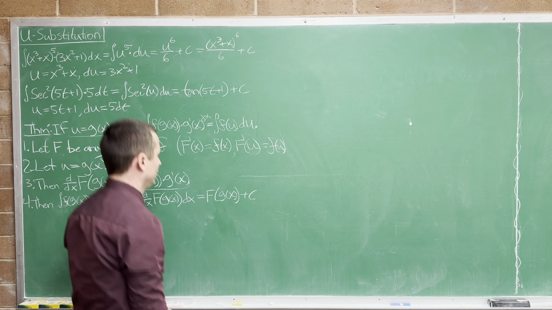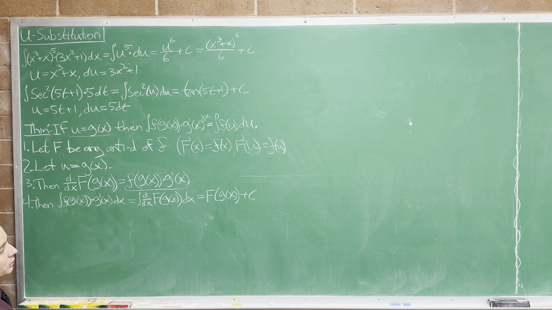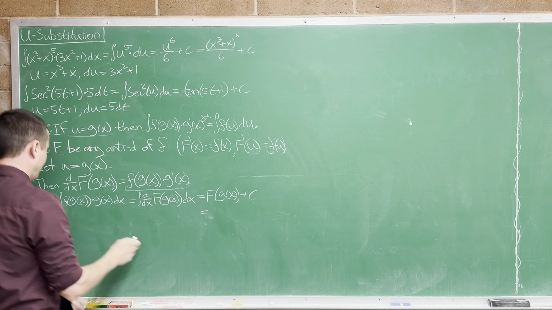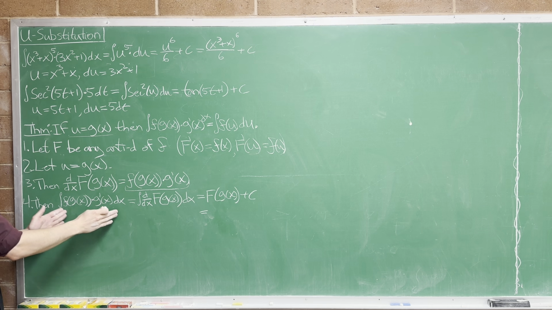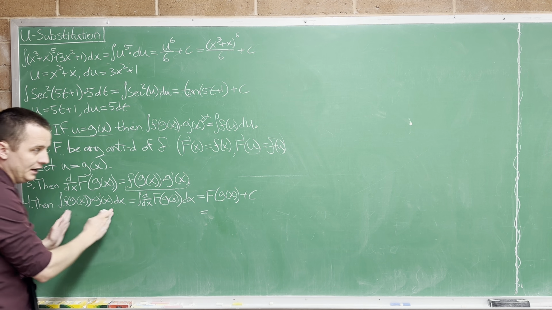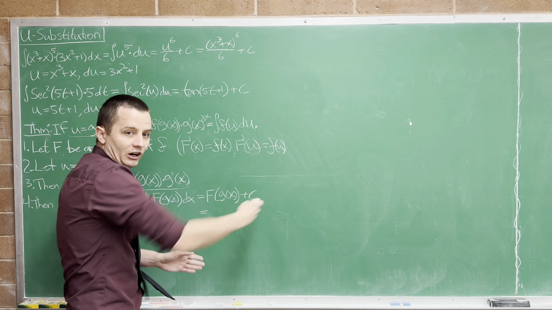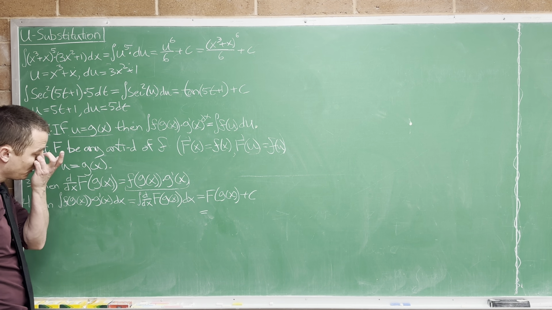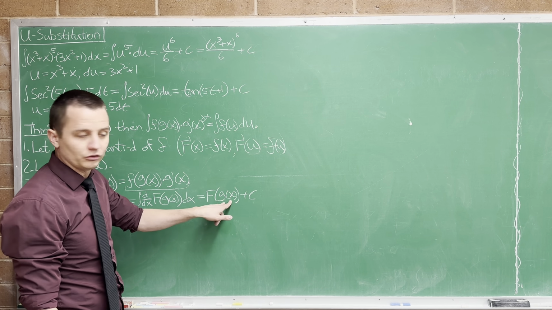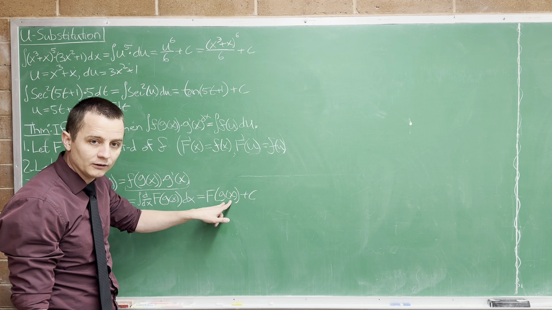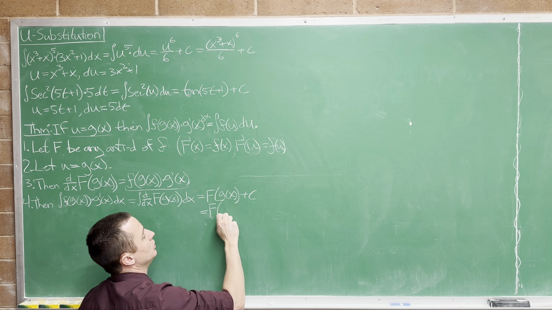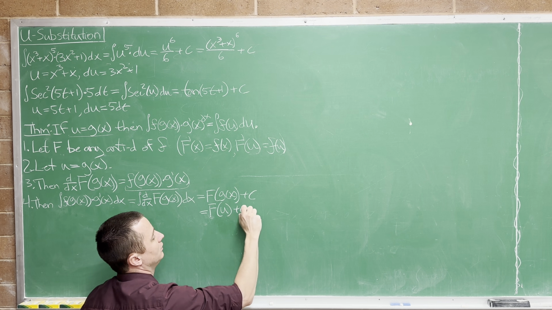Why are you adding a constant? Because when you take an integral, it gives you an antiderivative plus a constant. I know, but it cancels out with your dx. No, my g of x is just some function. Okay. So this is just the same thing as big F of u plus c.